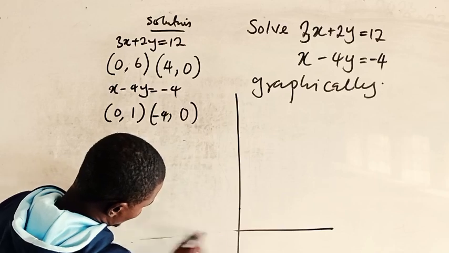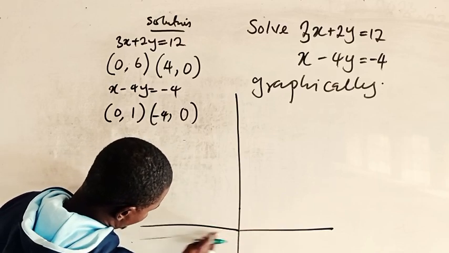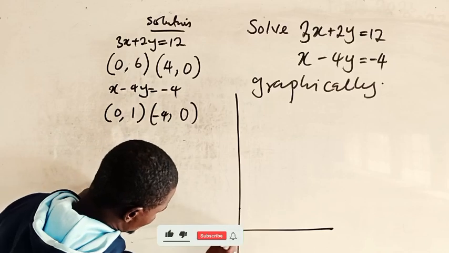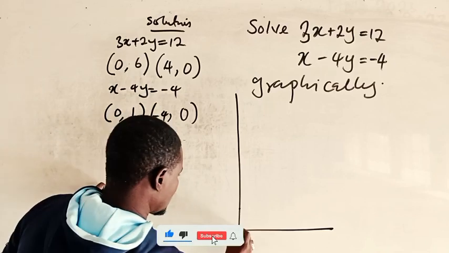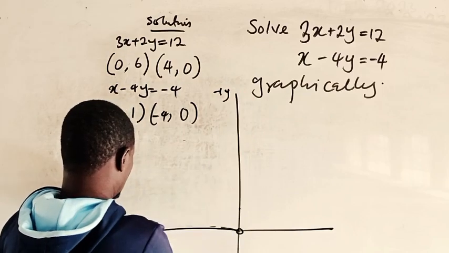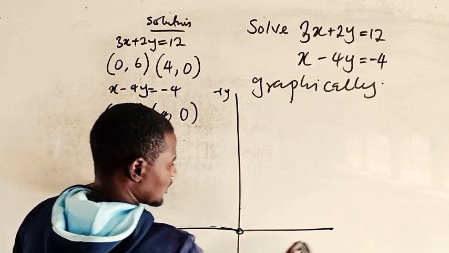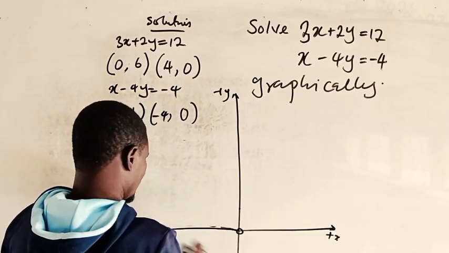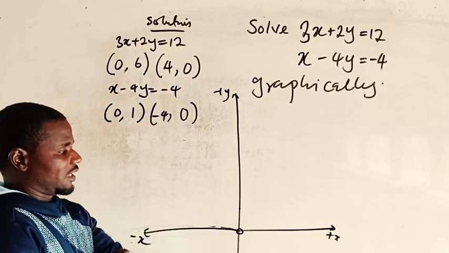We can take our line from here to somewhere around here. Sorry, so our line should be here. Now this is 0. Now this is positive y, this is negative x, this is negative y, this is positive x. You understand? So you make use of arrows to identify the directions of all the lines.